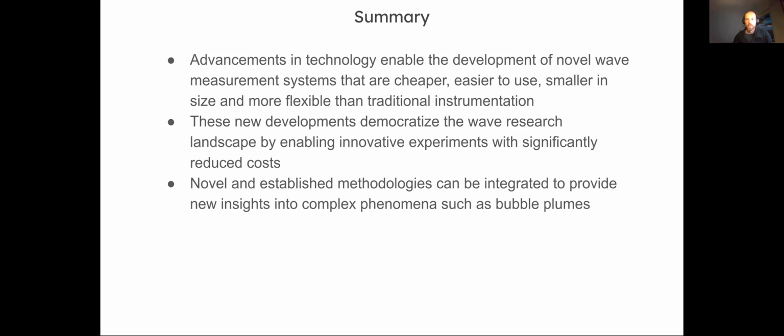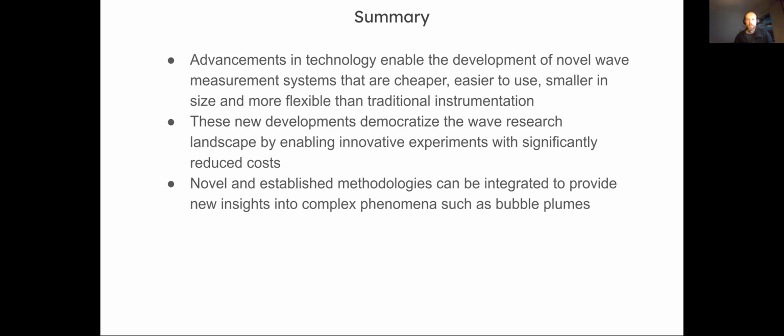These advancements in technology that we've seen in recent years have enabled us to develop novel wave measurement systems that are both cheaper, easier to use, smaller in size, and more flexible than many traditional wave measurement instrumentation. You could say that these new developments kind of democratize the wave research landscape by enabling innovative experiments with significantly reduced costs.